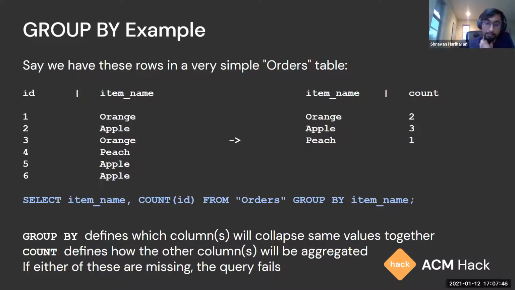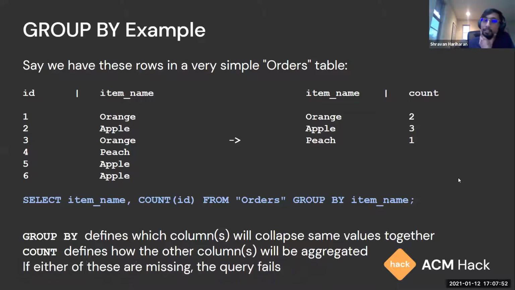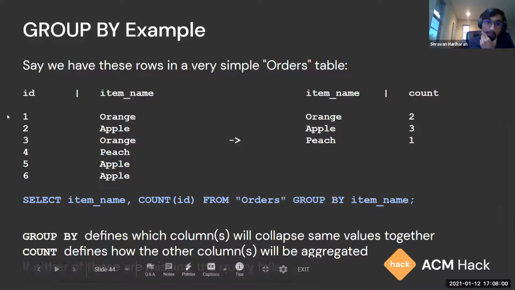So I'm selecting item name, and we know that we're going to group by it, but how are we going to group by it? We're going to group by counting the IDs, right? So we're defining a count function that will count the rows when we group by. Group by, remember, condenses all the rows into one. So in our output table, we have orange as one row, apple as one row, and peach as one row.